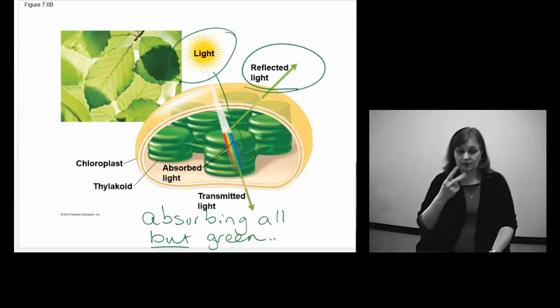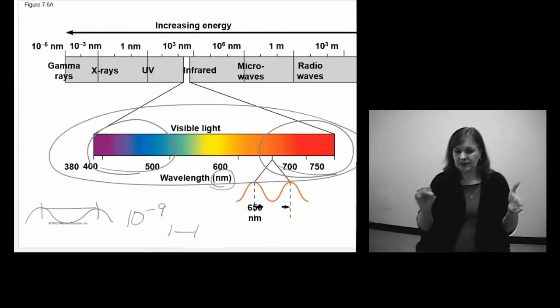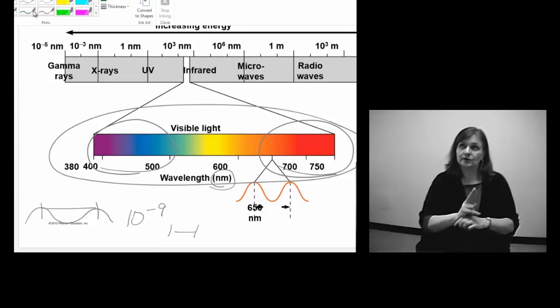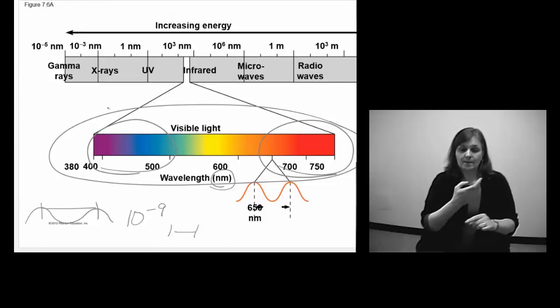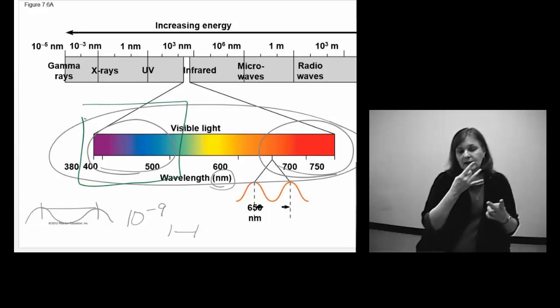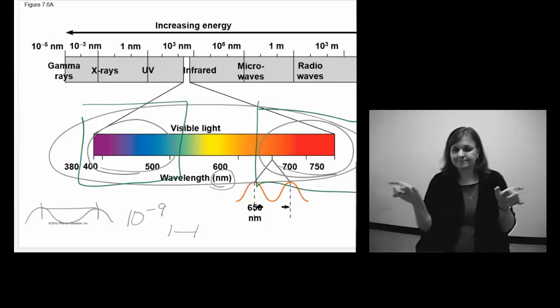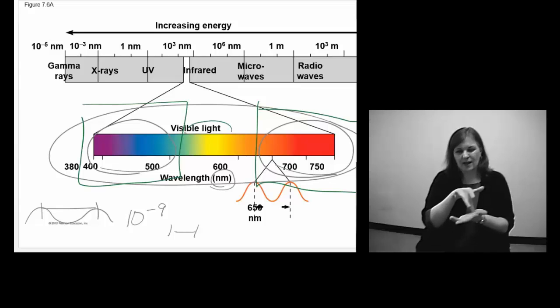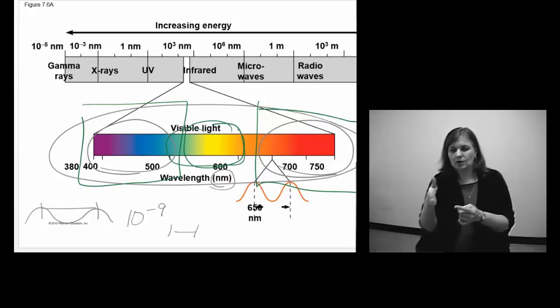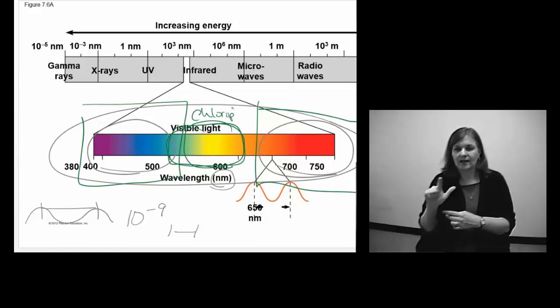So when we look at our spectrum for photosynthesis and for any visible light, when we said that we primarily are photosynthesizing or gaining energy from the blue and red spectrums, that's because the green in the middle and the yellows are reflected by chlorophyll.